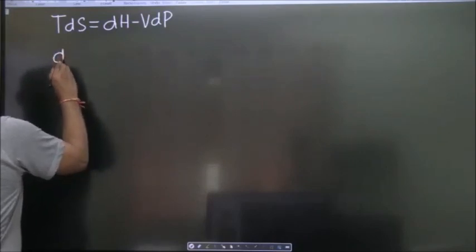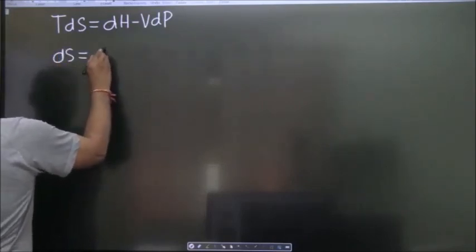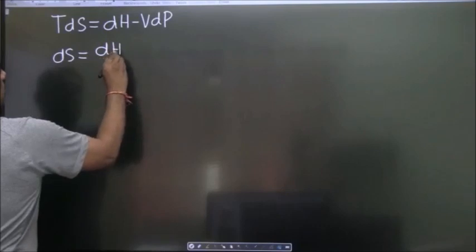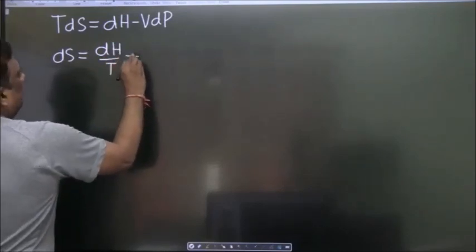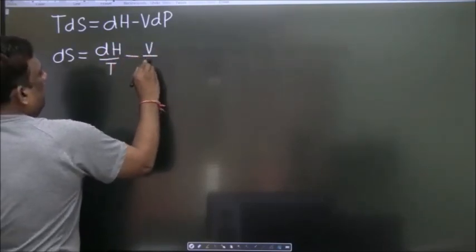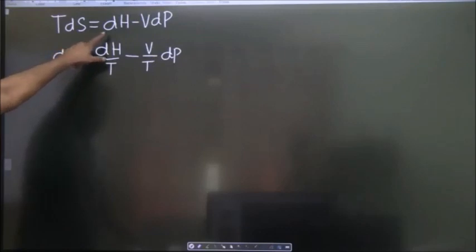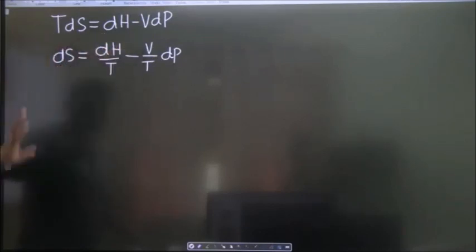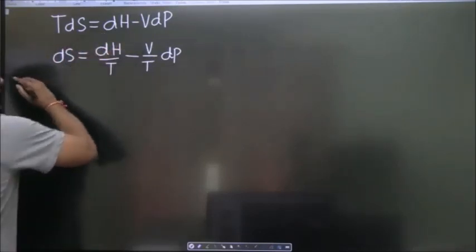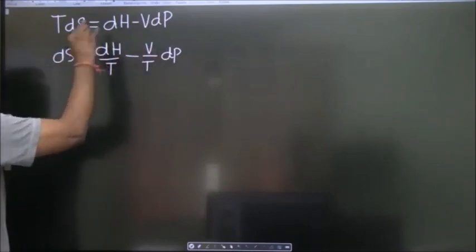I want the entropy change, that is dS is equal to dH by T minus V by T into dP. Till now I have not used any condition, so it is valid for anything.